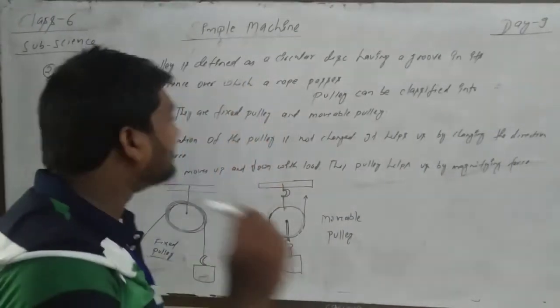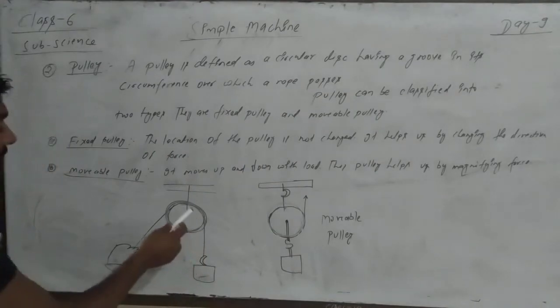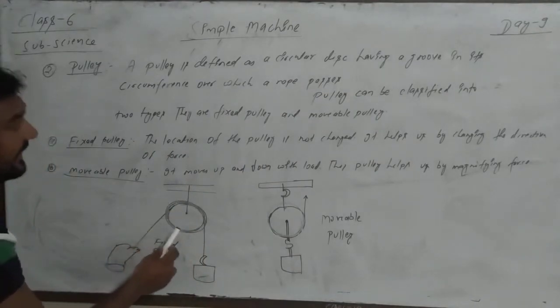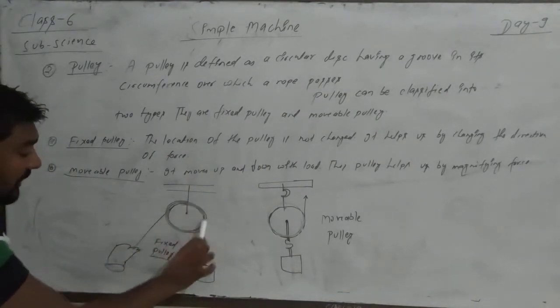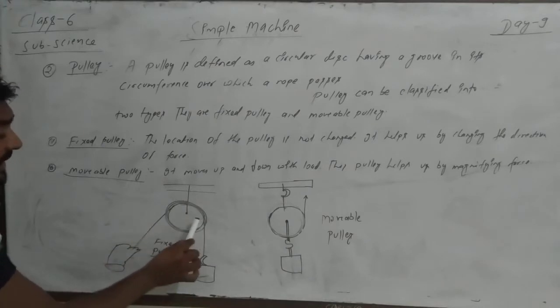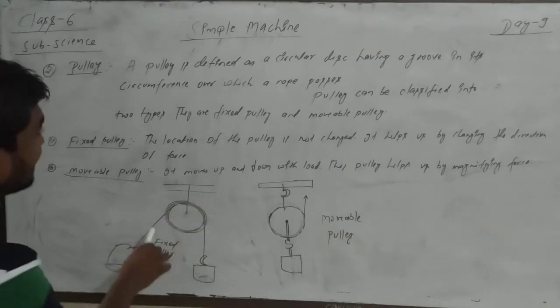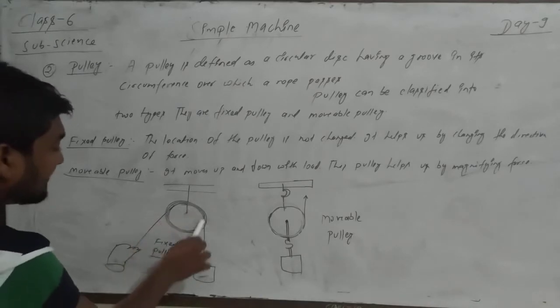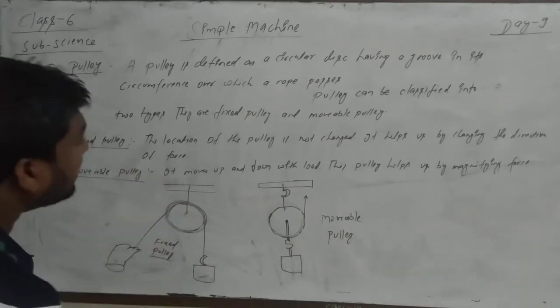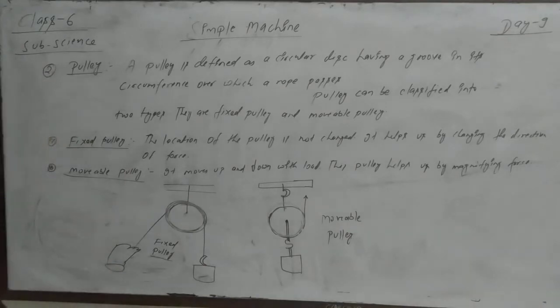You can define it simply: pulley is defined as a circular disc having a groove in its circumference over which a rope passes.